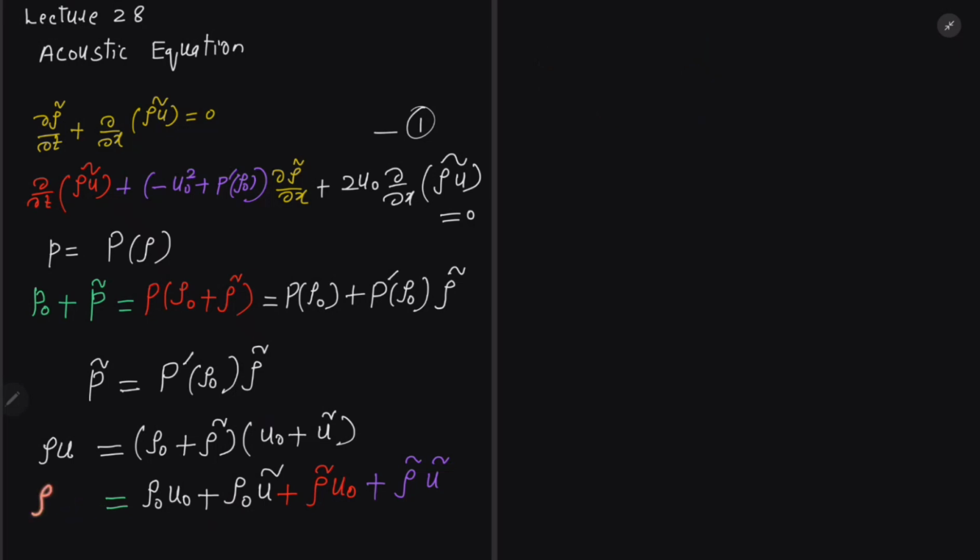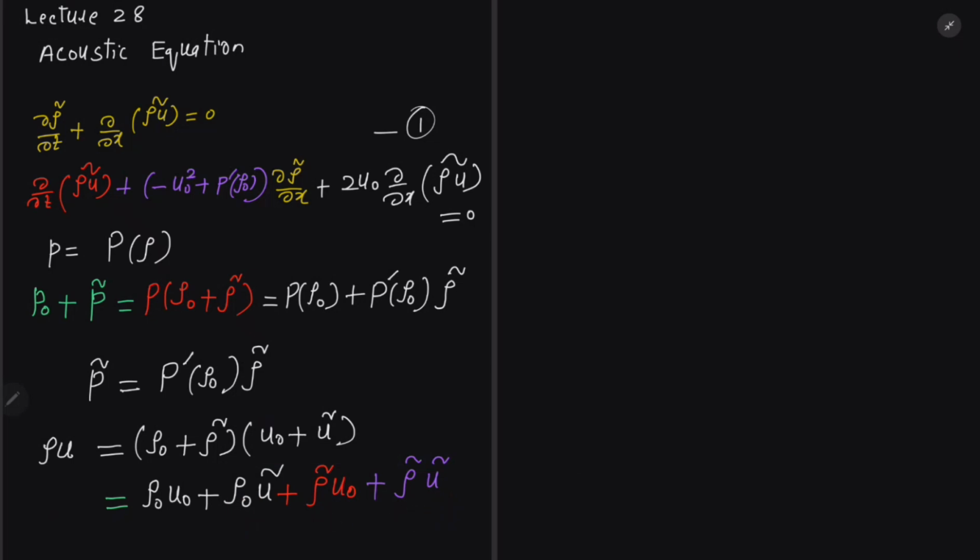Similarly, when we have rho u, there is a fixed rho naught u naught, and the next quantity will become rho tilde u tilde. But this is not just rho tilde u tilde. There are two other terms as well. So we only need this term from these three terms.